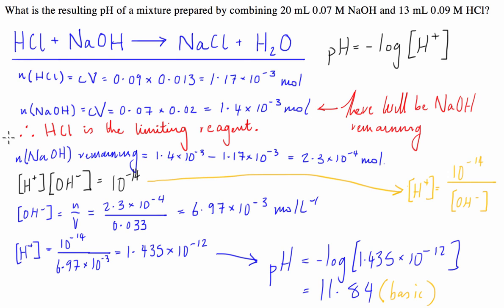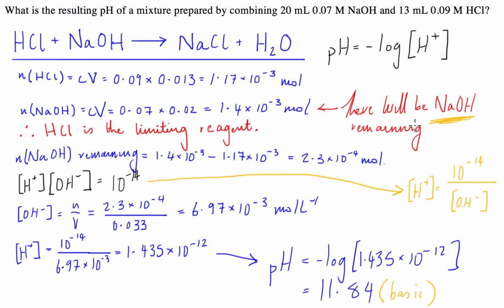Now, because hydrochloric acid was the limiting reagent, it meant that there would be sodium hydroxide remaining, which was going to affect the pH. So from here we should know that the solution is going to be basic in the end anyway.